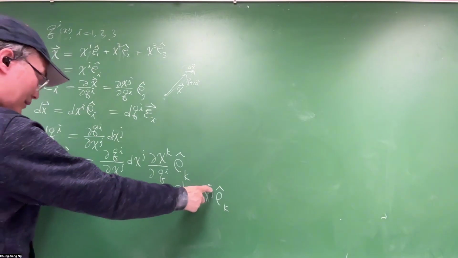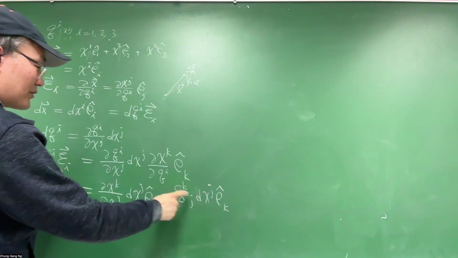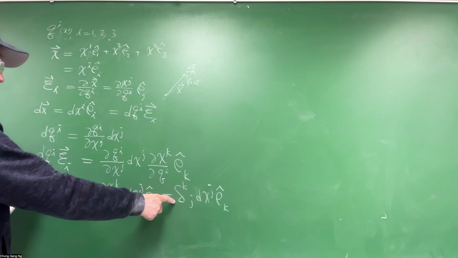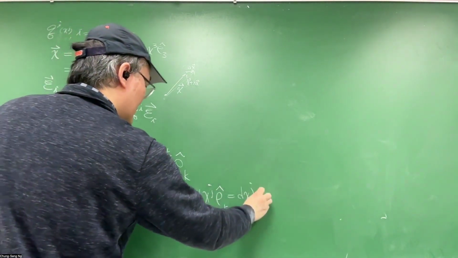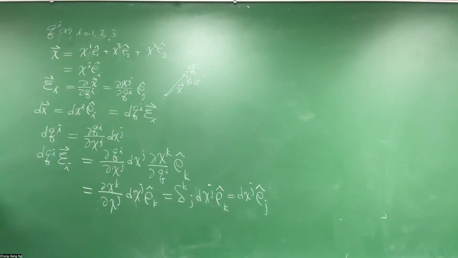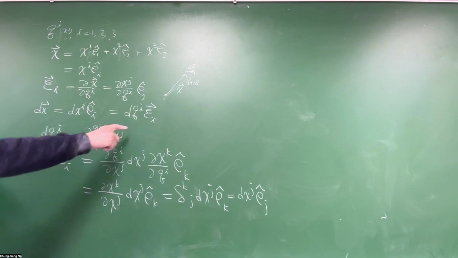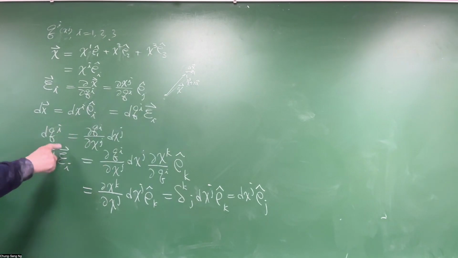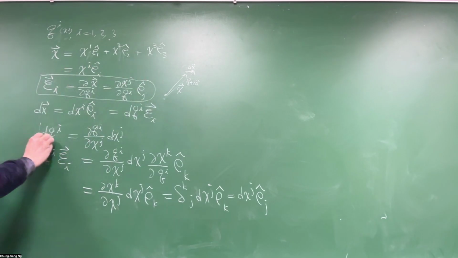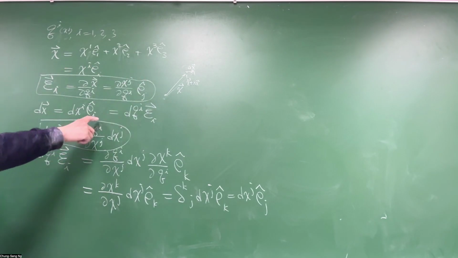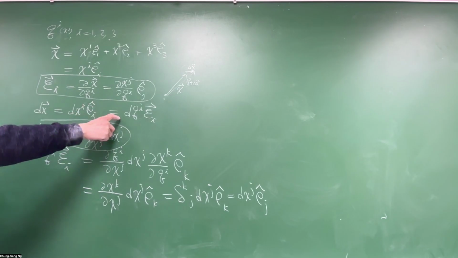You actually sum over both, but when you sum over one of them you use the Kronecker delta, so you sum over k and that becomes x_j. So that is what we set out to do; that equals that. We showed that if the basis vectors transform like that and the coordinates transform like that, then this equation is valid.